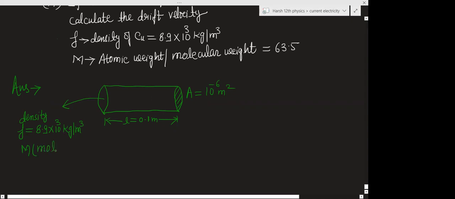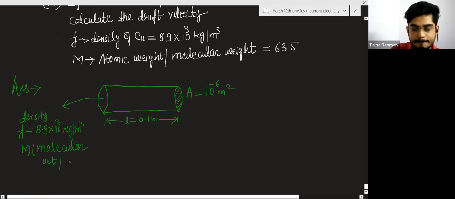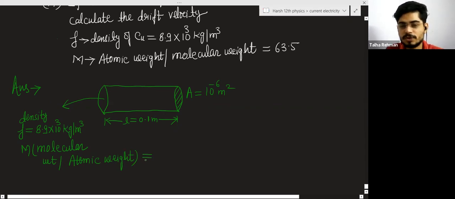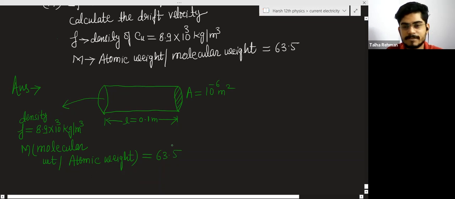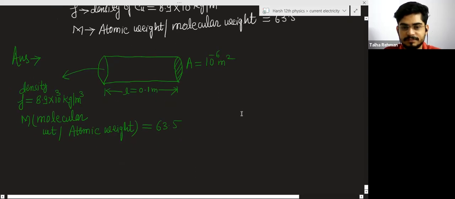Molecular weight, or you can say atomic weight. Chemistry. Mole concept, 11th class. Do you have mole concept in chemistry? In 12th class also. We didn't study in 12th till now, sir. You have a chapter, something in physical chemistry.